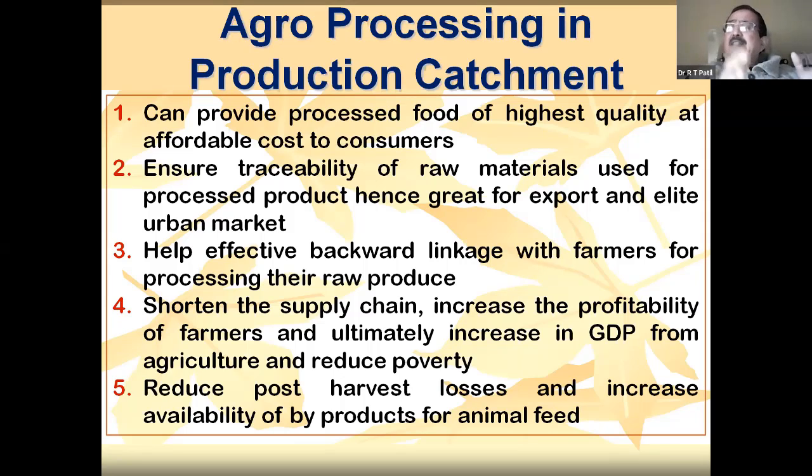When there was proper handling and stabilization of the rice bran, now we extract the oil from it, and people say the oil from rice bran is much better in quality compared to many refined oils. That is the wonder of putting agro processing in the production catchment.